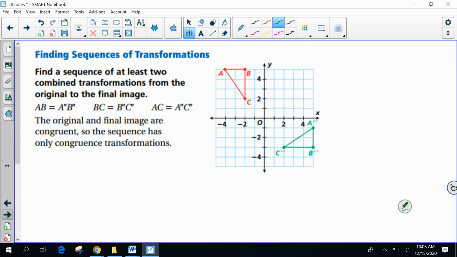All right, so we have a combined sequence of at least 2 combined transformations to get to the final image. So we're essentially missing the middle image right here. So we're going from red to green and we're missing what's in the middle.